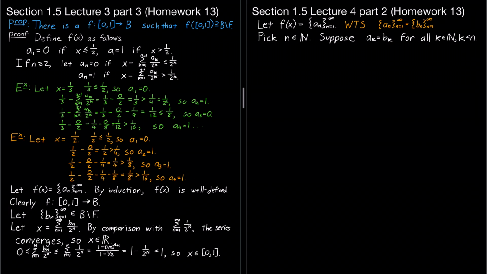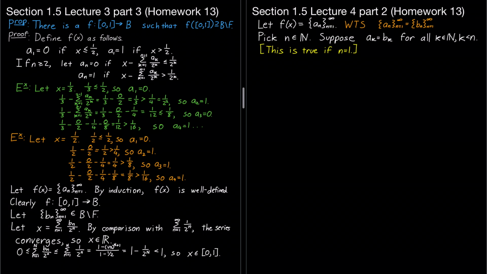And I'm going to point out that this is true if n is equal to 1. If n is equal to 1, there aren't any natural numbers k that are less than n. So of course, this statement can't fail, because there aren't any ak's to be unequal to bk.